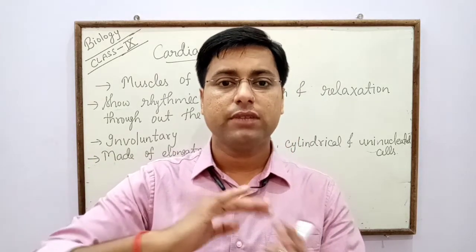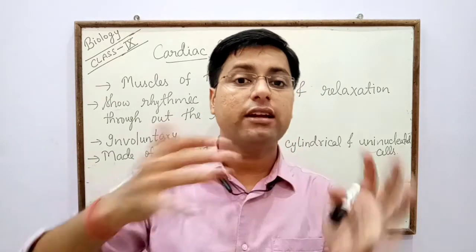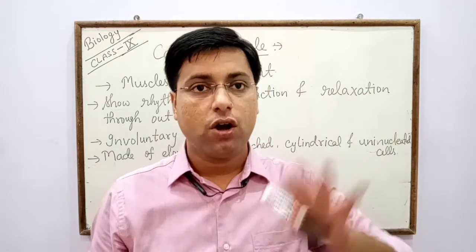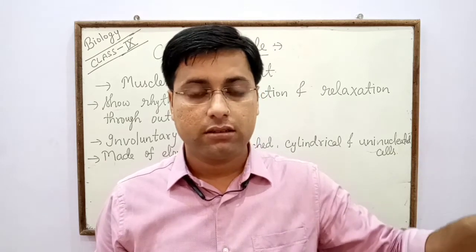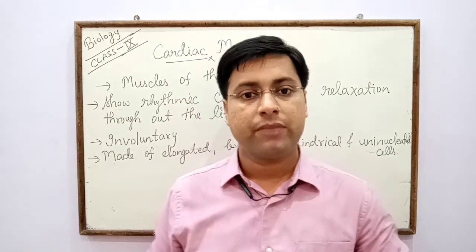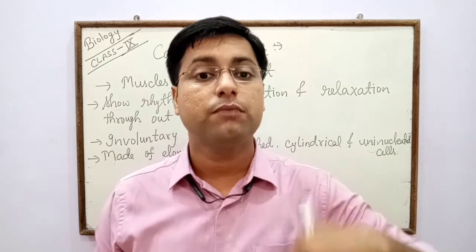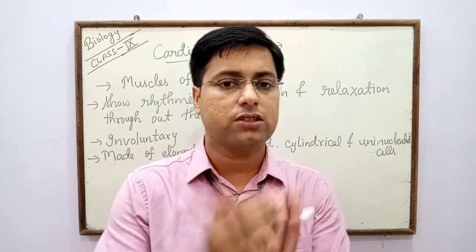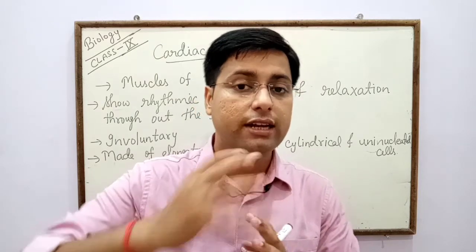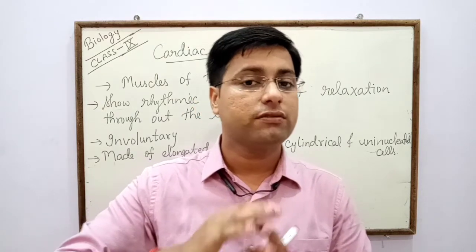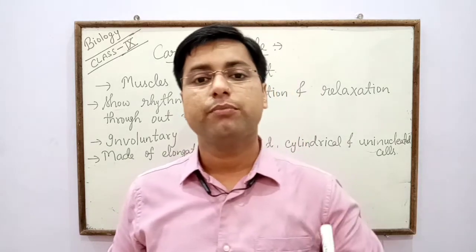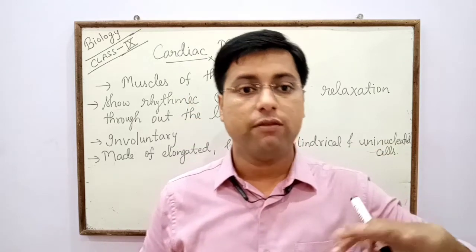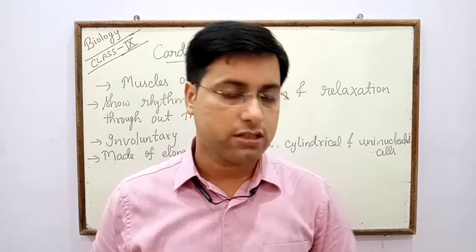So there is rhythmic contraction and relaxation of the heart, because when the heart receives blood, that is the relaxation phase, and when the heart pumps blood into the body parts, that is the contraction phase.